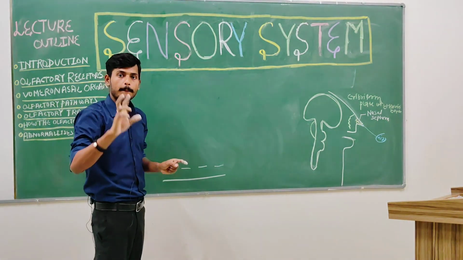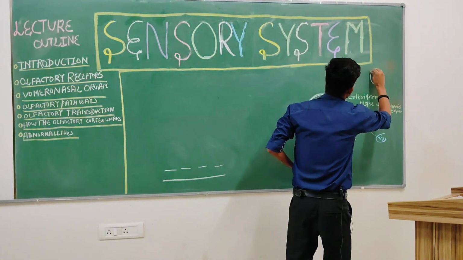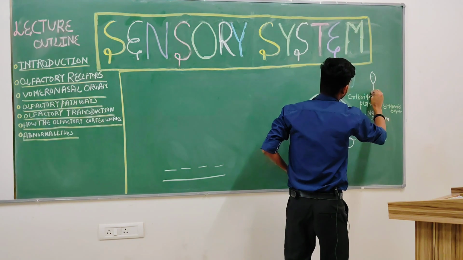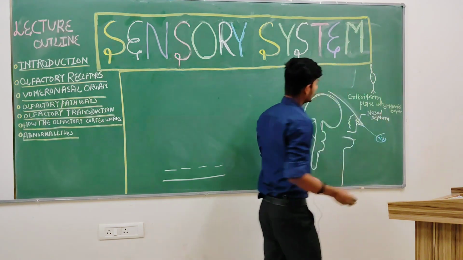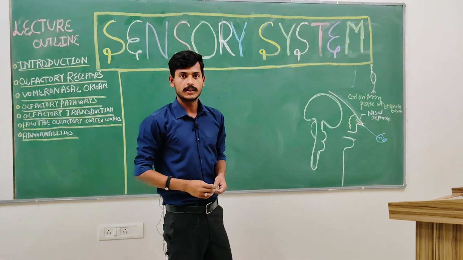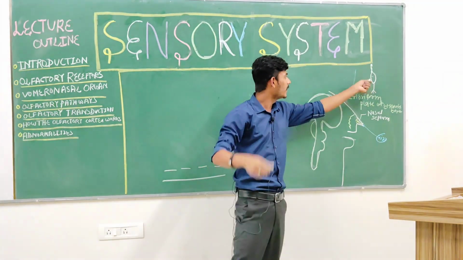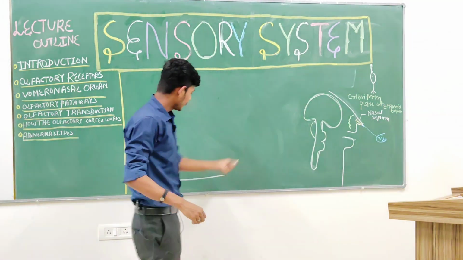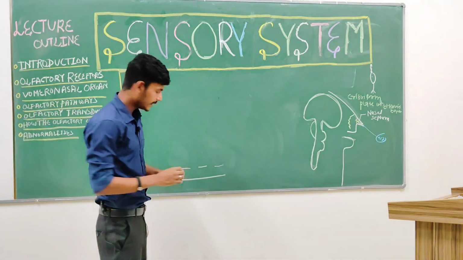This is called a bipolar neuron. You want to see the diagram here? See, this is your bipolar neuron. It is present in the retina, very good, and it's also present in the olfactory receptor. Understood? Clear?